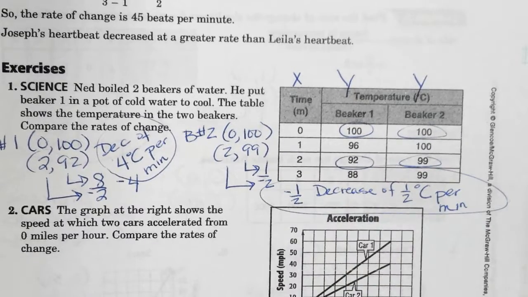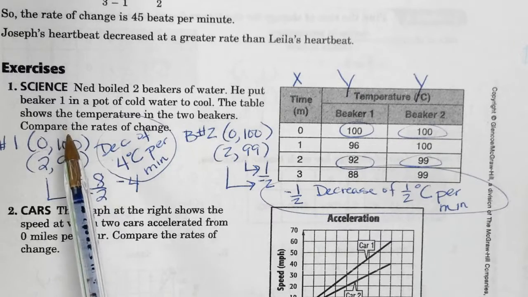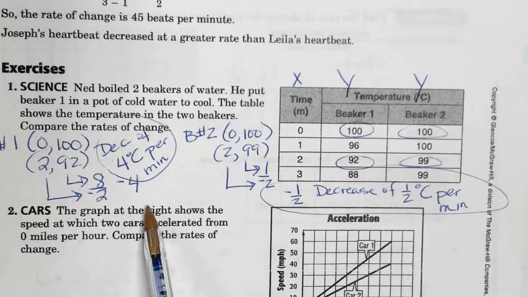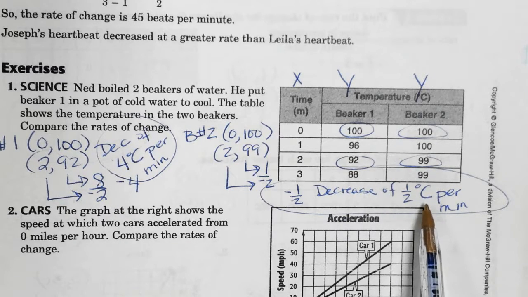All right. Now the very last part of this problem says to compare the rates of change. Well, this has a change of 4 degrees Celsius per minute, and this has a change of 1/2 degrees Celsius per minute.